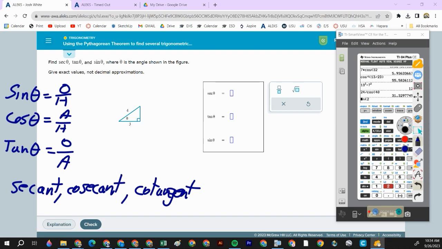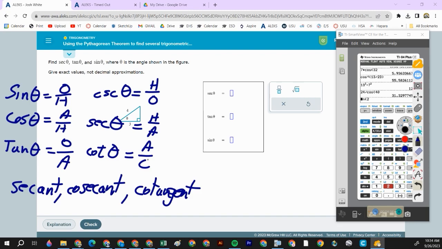Cosecant is abbreviated CSC, and it is the ratio H divided by O. Secant is H divided by A, and cotangent is abbreviated COT, and it is A over O. And again, don't say sec or cot. It's secant, cosecant, and cotangent.